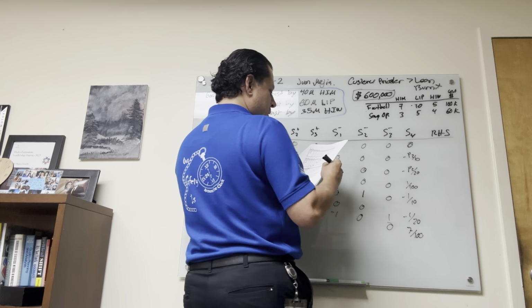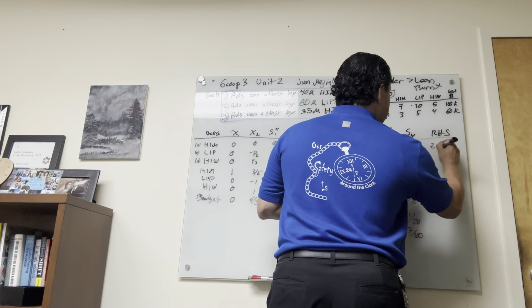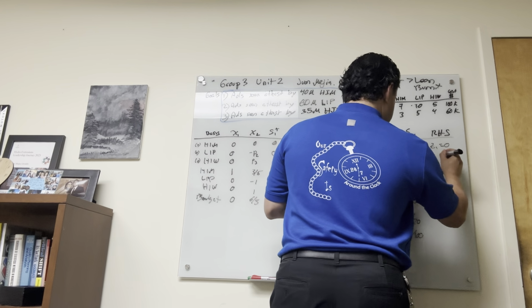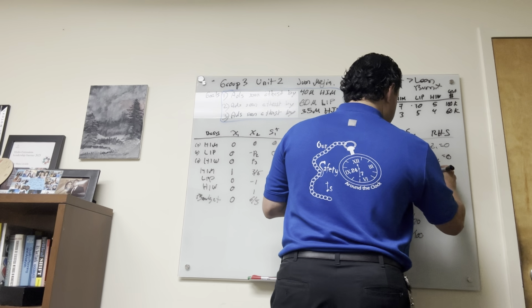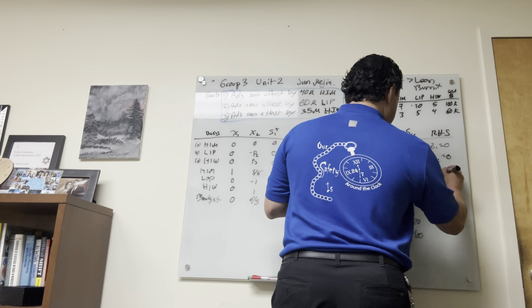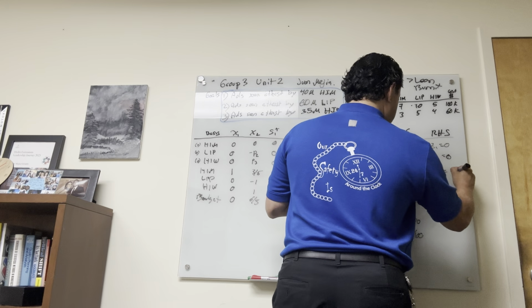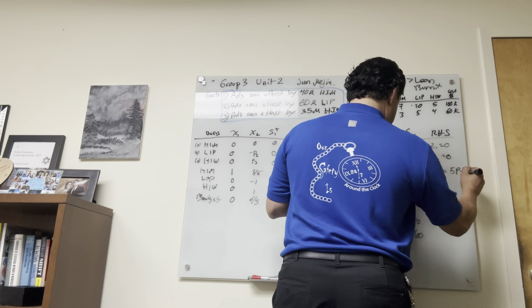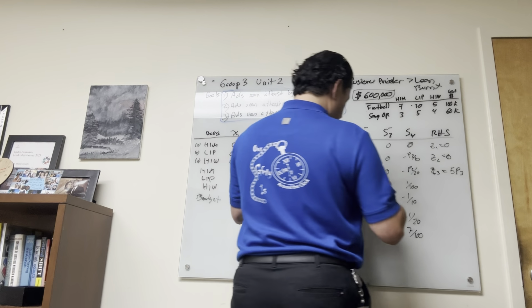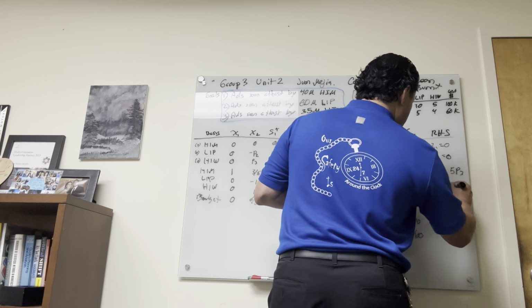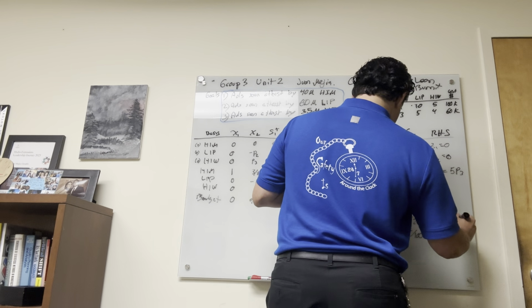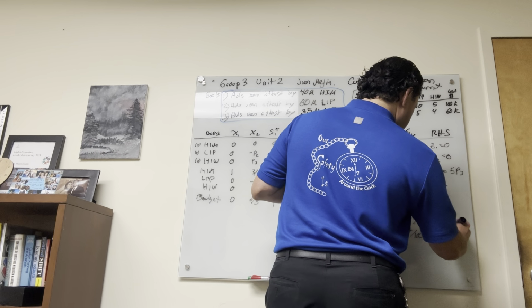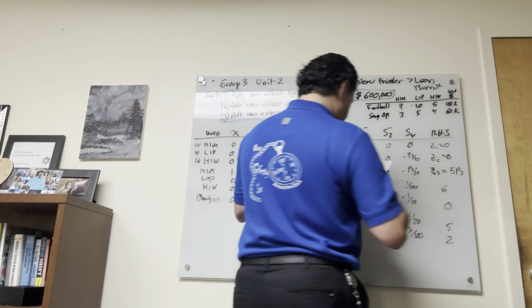Describing the right-hand side at this point, we have Z1 equals 0, Z2 equals 0, Z3 equals 5P3, and for the basic feasible solution, we have a 6, a 0, a 5, and a 2.